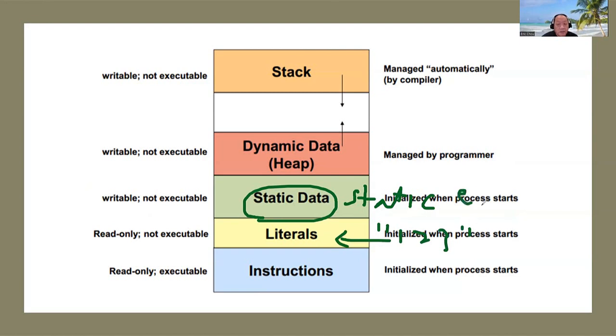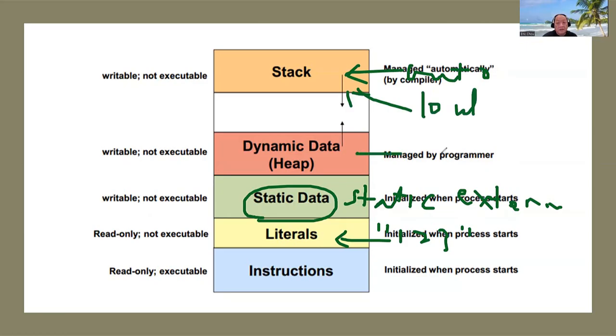Your external will also be stored in data. Your auto will be stored here. Your local variable will also be stored here. Anything you use new for will be stored in the heap. Everything you use new for will be stored in the dynamic heap.